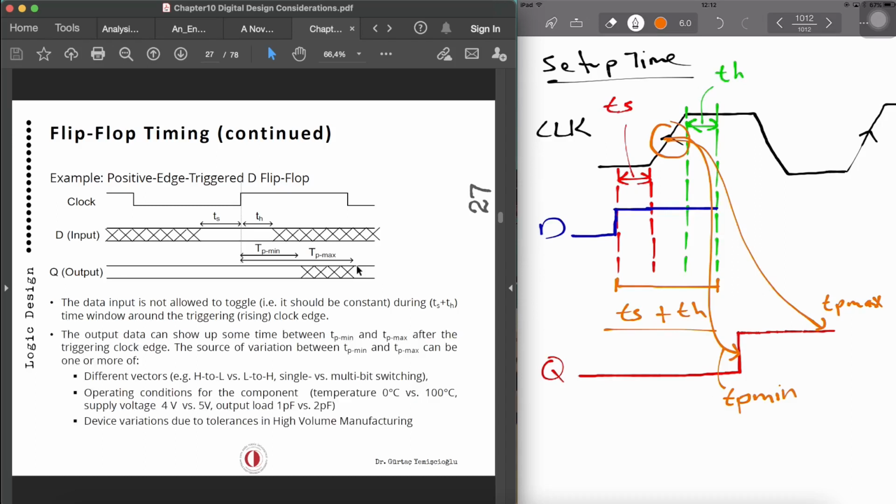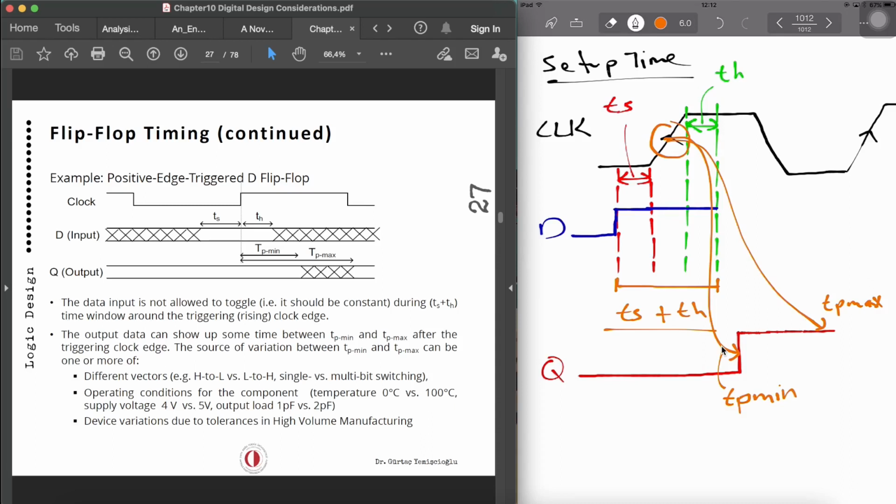And the output can show up sometime between TP min and TP max. So somewhere here we see the output, and that will be the maximum, the propagation delay. The variation between TP min and TP max can differ for high to low and low to high transitions.